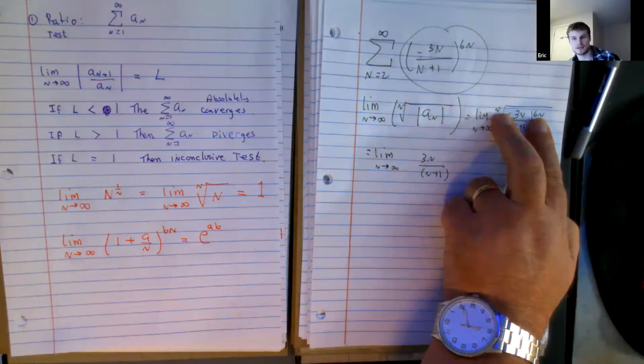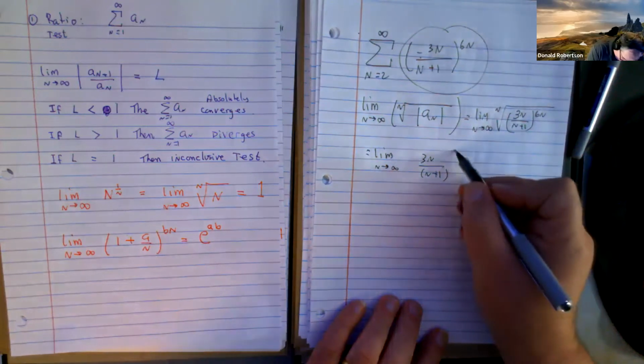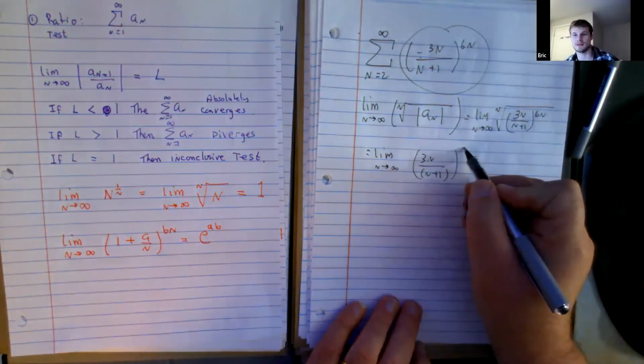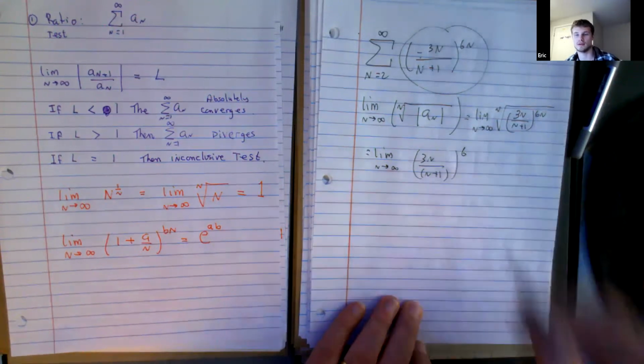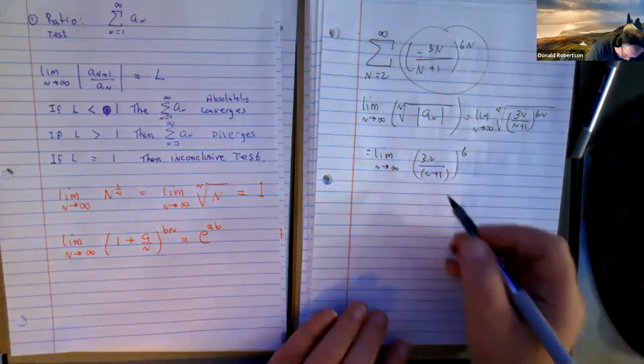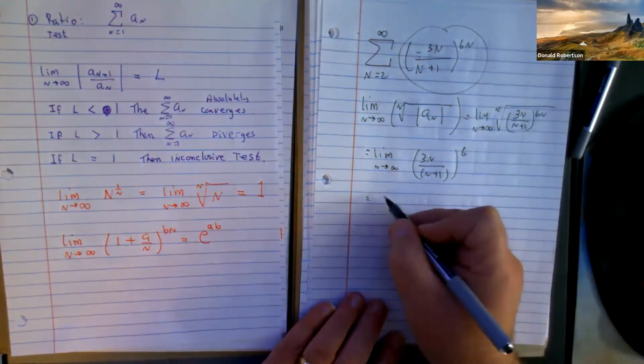They'll cancel each other. The n's will cancel each other, and then you'll be left with the 6th power. Are you okay with that? So if it was 2n, you get 2. If it was 4n, you get 4. 6n, you get 6.